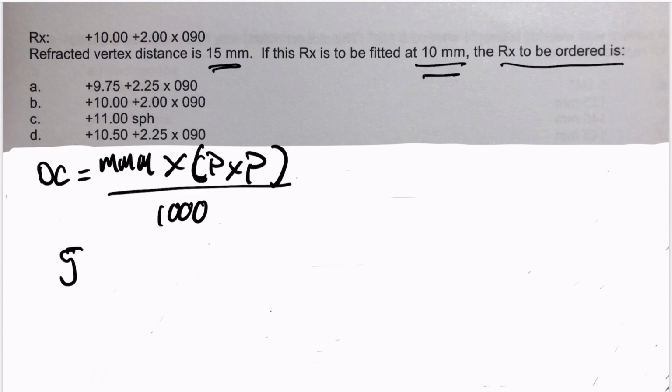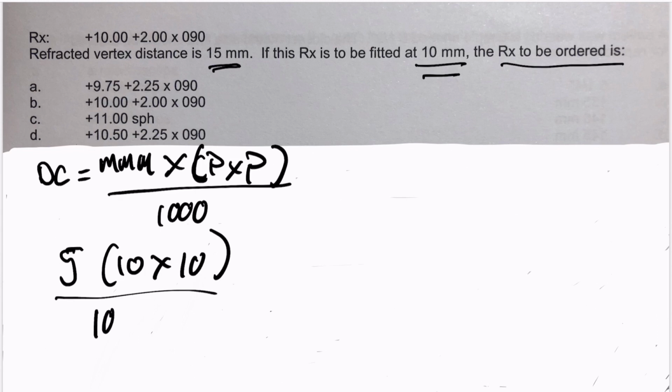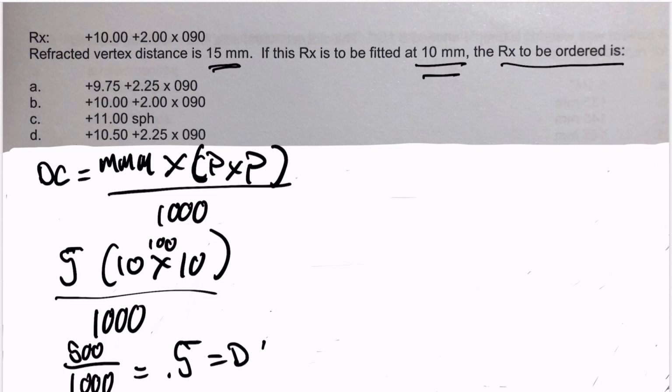And then it is the power times the power, so that's 10 times 10 divided by 1,000. So in this case, we know that that is going to be 100, so it's going to be 500 divided by 1,000, which equals 0.5. So the diopter change is 0.5.